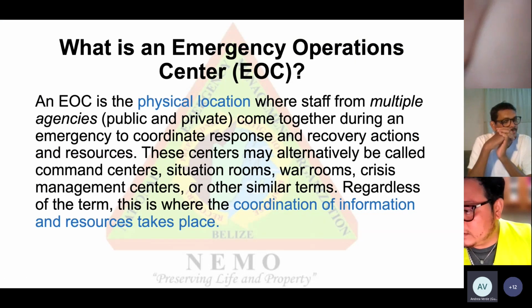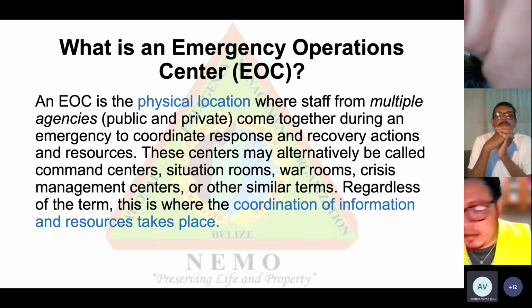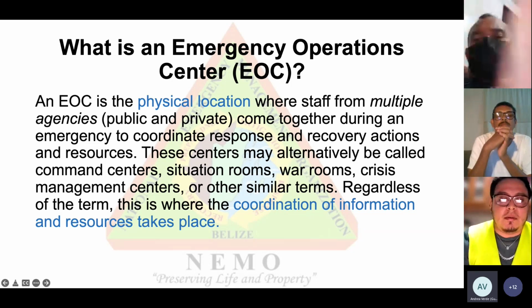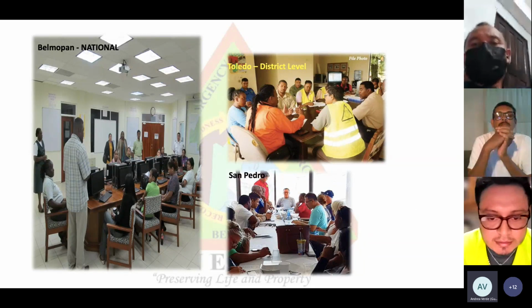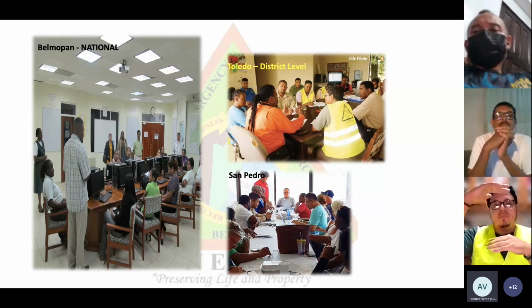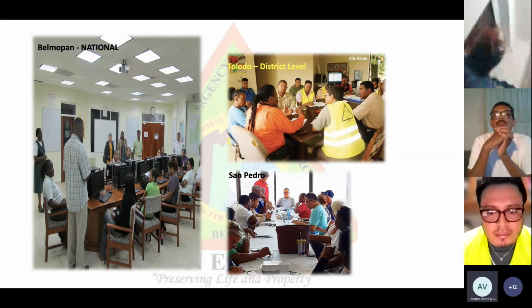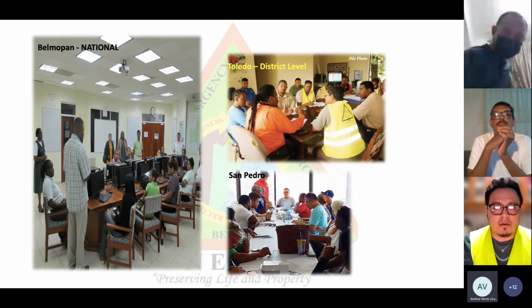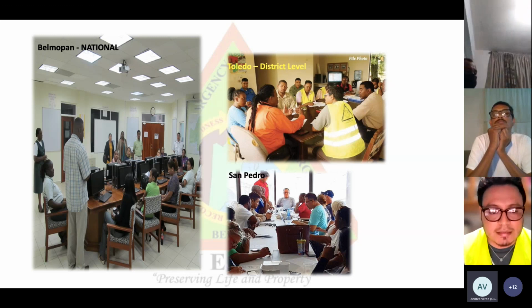Let me admit somebody else who has joined us. Gonzalo, admit. Okay. So this is what it looks like in Belmopan. As Renice mentioned, we have the national, the district, and the village level. And of course, we have the one in COROZAL, where we meet once a month, every last Wednesday of the month. We have to stick to the new norm, which is technology.